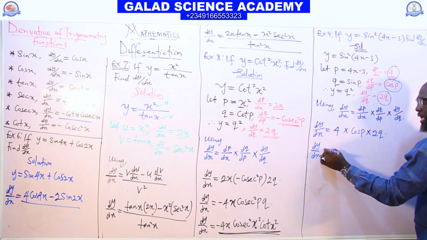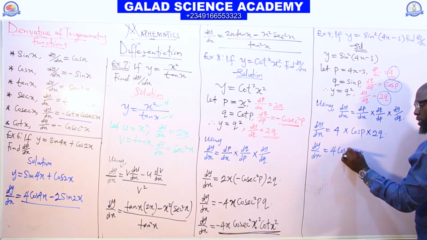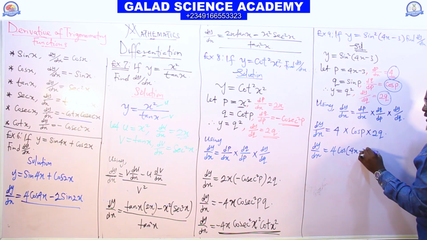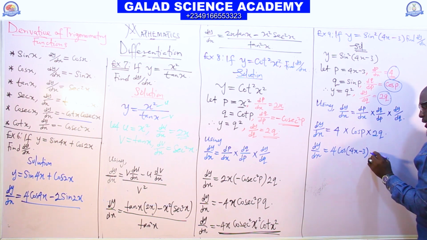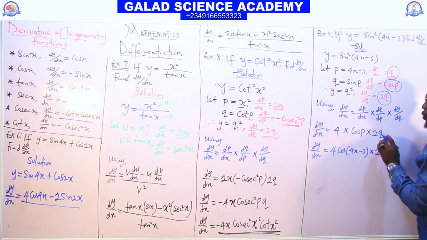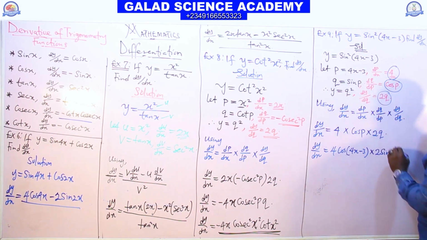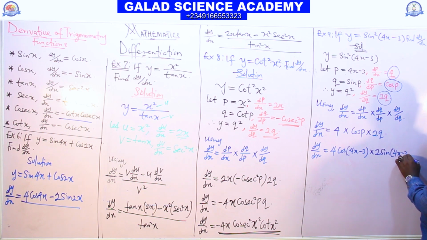dy dx will be 4 cos P, what is P? P is 4x minus 3, multiplied by 2Q. What is Q? Q is sine P, and sine P is sine 4x minus 3.